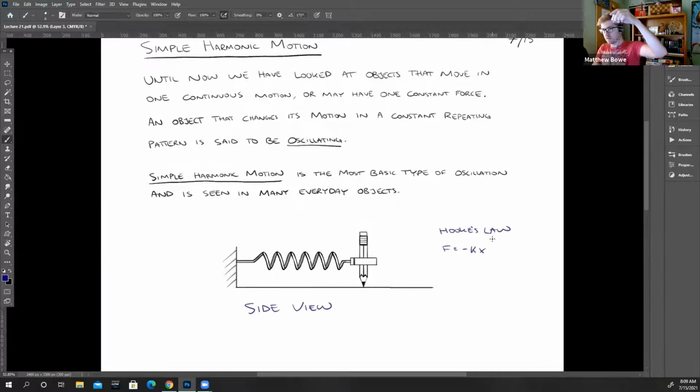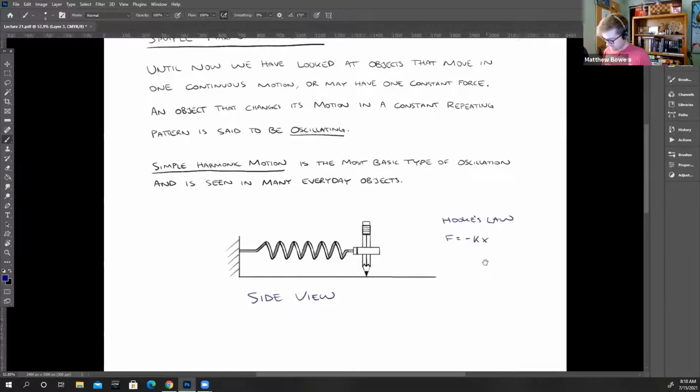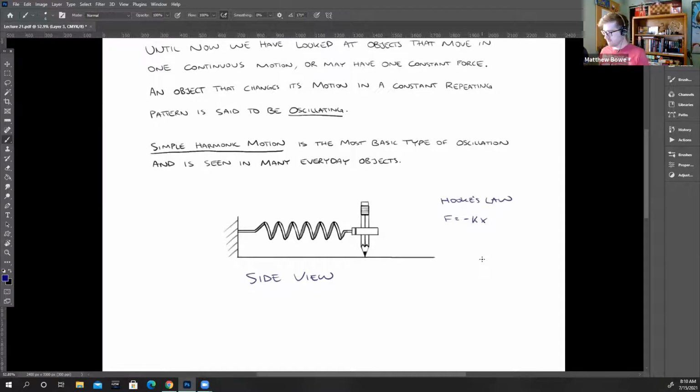If I displace it a lot, there is a large force wanting to force it back upward to its equilibrium point. What else can we say? If this object is oscillating at a regular rate, it has its own frequency.